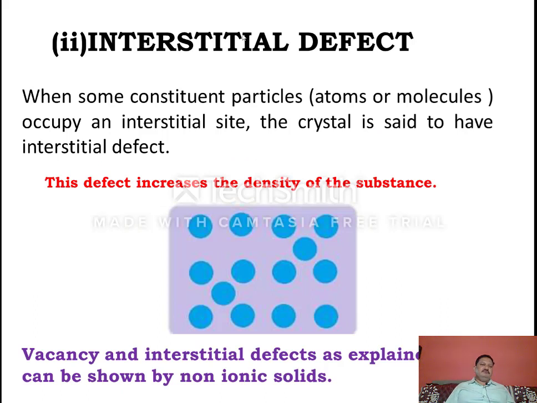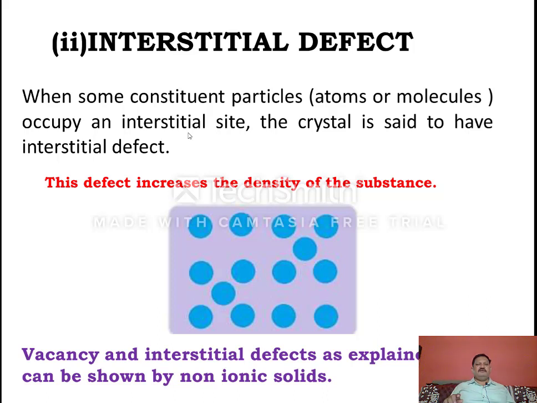And the second type of defect under the heading of point defect is interstitial defect. So in this interstitial defect, one extra atom finds the interstitial gap and settles there in the regular crystal lattice, right?